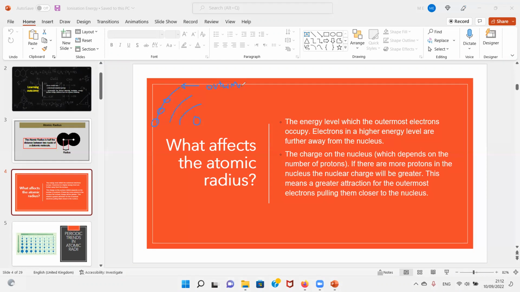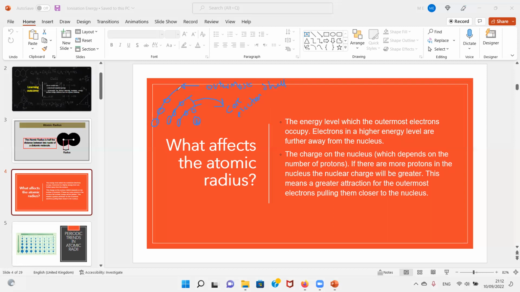Outermost shell, sometimes we also call it the valence shell. Here we have the nucleus and here we have electrons. These electrons, you call them core electrons, and they are found in the core shells, the inner shells.